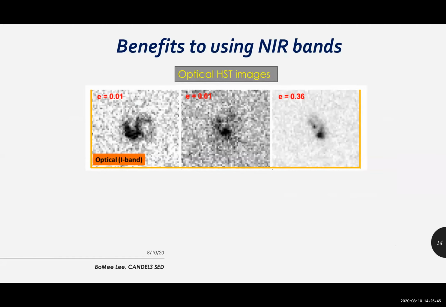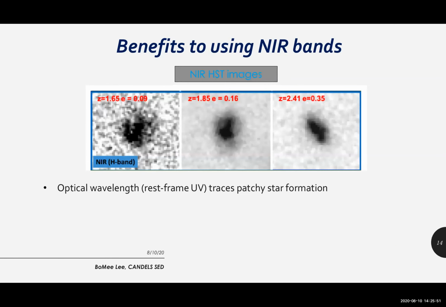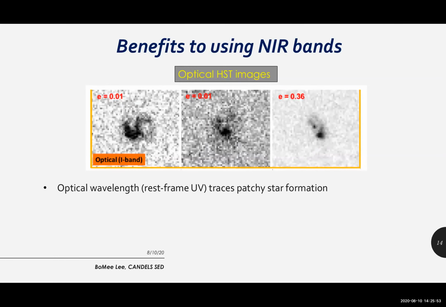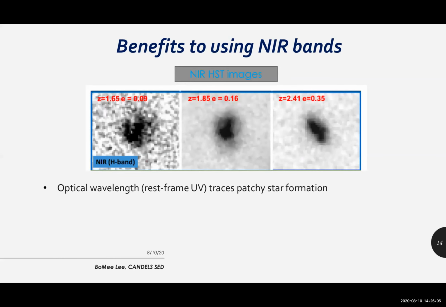Here are 3 HST images at redshift greater than 1.6 in I-band optical and H-band near-IR. In optical, galaxies look clumpy and irregular because at redshift greater than 1.6, optical wavelengths sample the rest-frame UV, which traces patchy star formation.